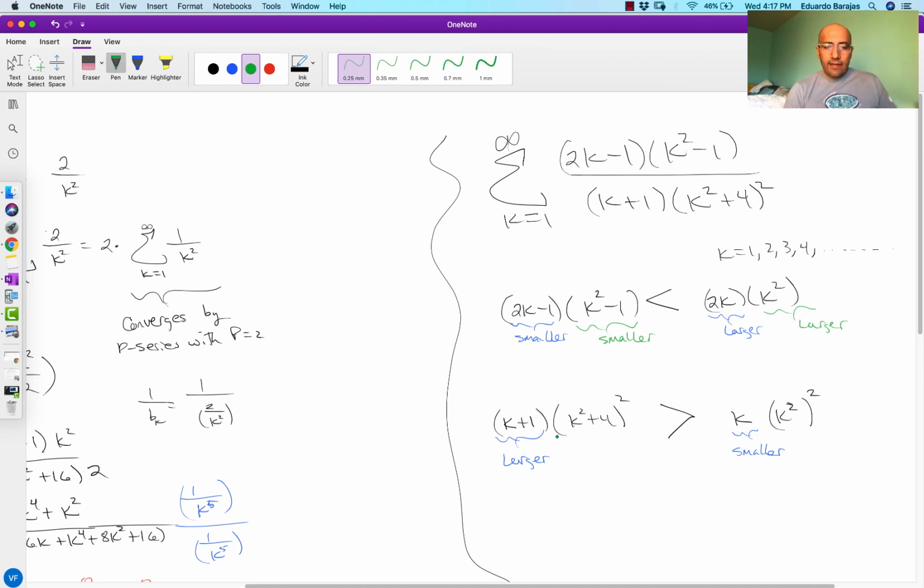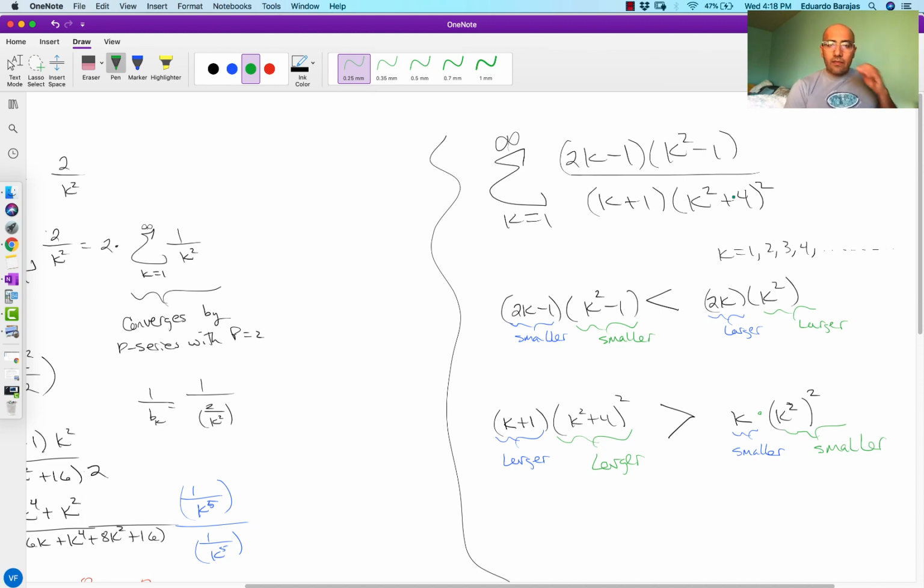And we have that k squared plus 4 squared, the whole thing squared, is always going to end up giving you a larger number than just having the k squared squared, without that plus 4. And so this will be the smaller. So again, the smaller times the smaller is always going to be less than the larger times the larger. Okay?